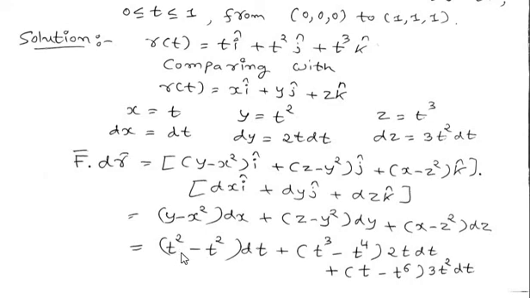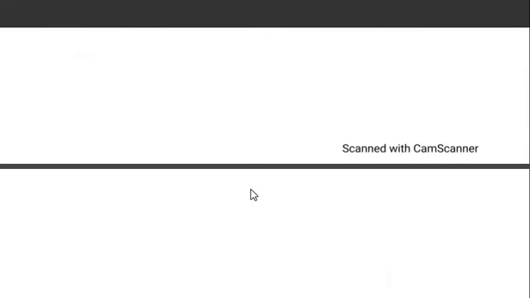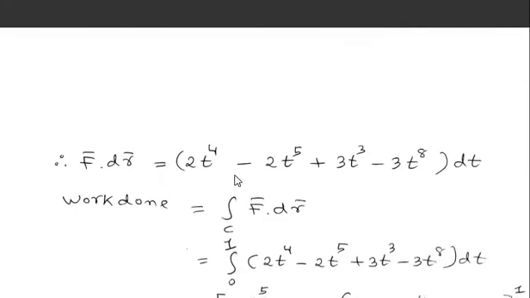Replace y by t², x by t, z by t³, dx by dt, dy by 2t dt, and dz by 3t² dt, and simplify the result. You will get F bar dot dr bar in terms of t. So that is this one.